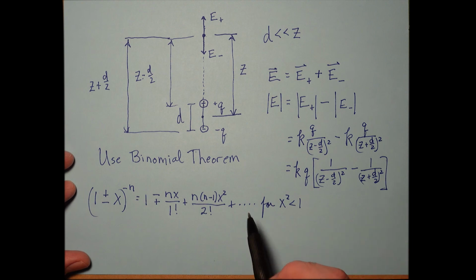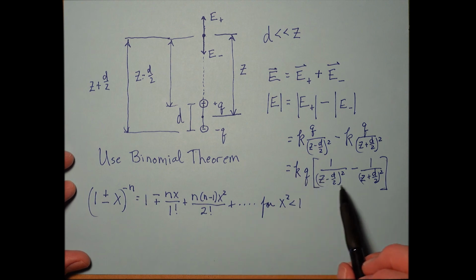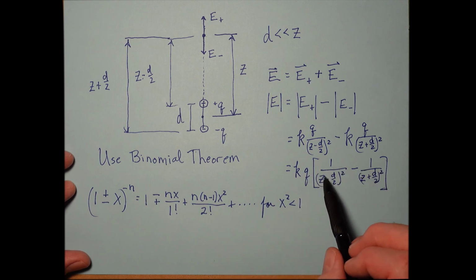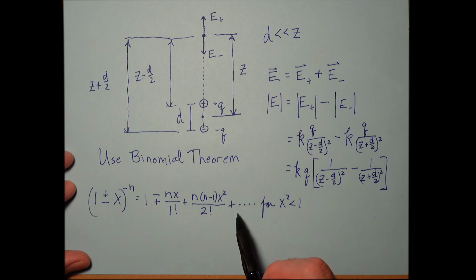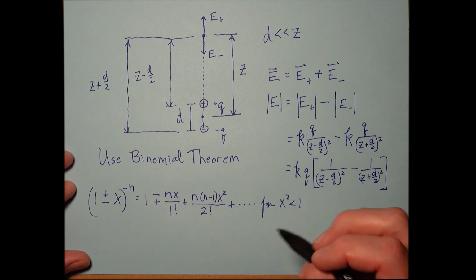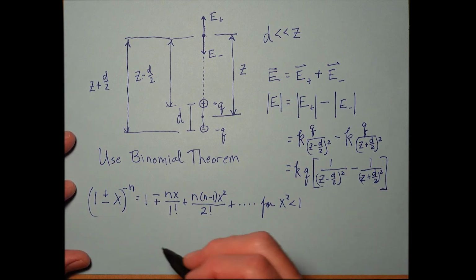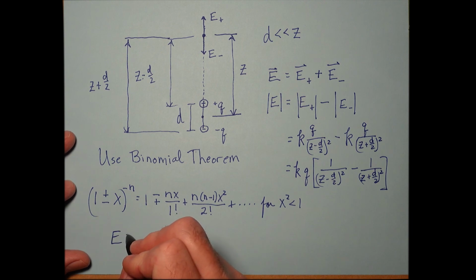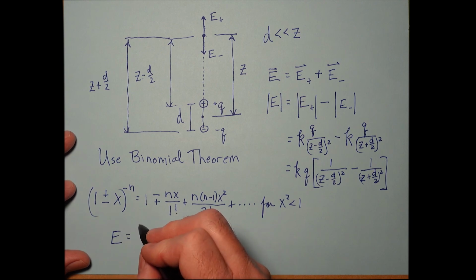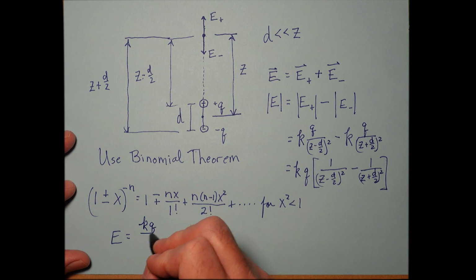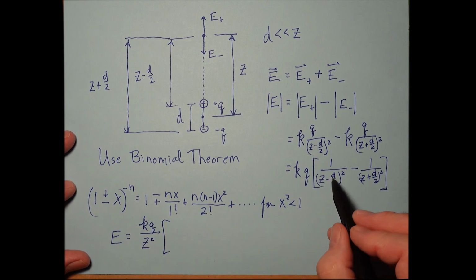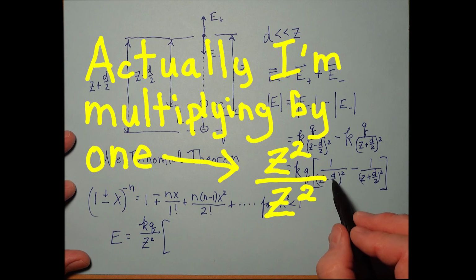So what we need to do is put this equation for e, the magnitude of e, into this format so that we can apply the binomial theorem to it. Let me show you how to do that. We'll start right here and just rewrite kq over z squared times, all I'm doing is factoring out a z squared from the bottom.